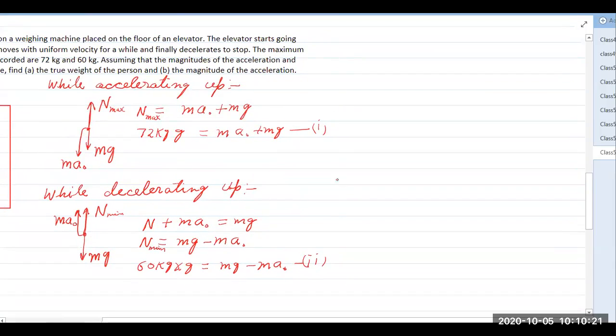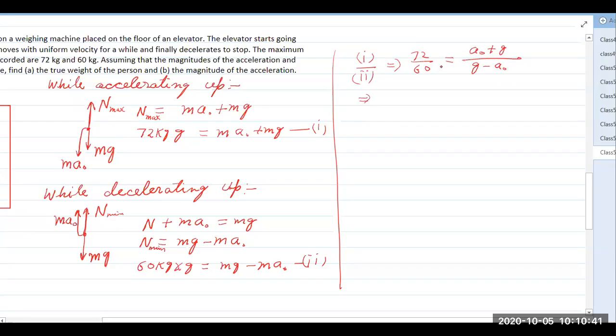If we divide equation 1 by equation 2, g cancels and m cancels, and we get 72 by 60 equals a0 plus g over g minus a0. Cross multiplying, it will be 72g minus 72a0 on this side, and 60a0 plus 60g on the other side.